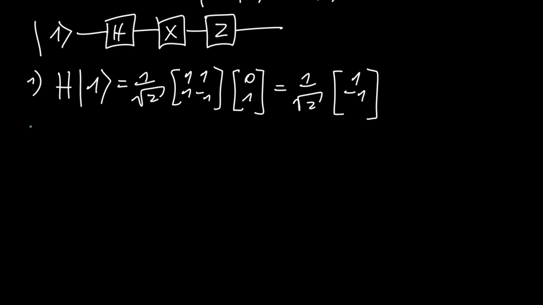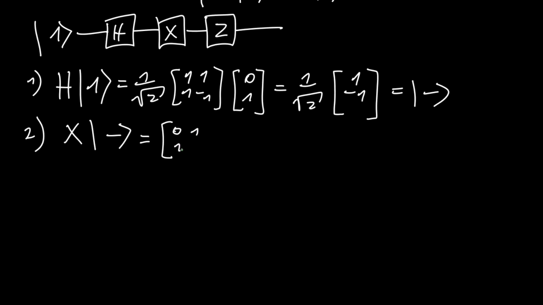But now we're gonna apply the X gate to this thing. This is not 0, not 1. So we're gonna use the matrix notation immediately, because we don't know how to write it. Well, we said it's like the minus thing, so we're gonna write it as a minus state. Now let's write the matrices: [0 1; 1 0], and then 1 over square root of 2, [1; -1].